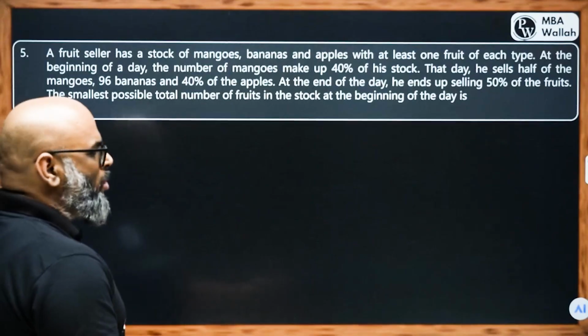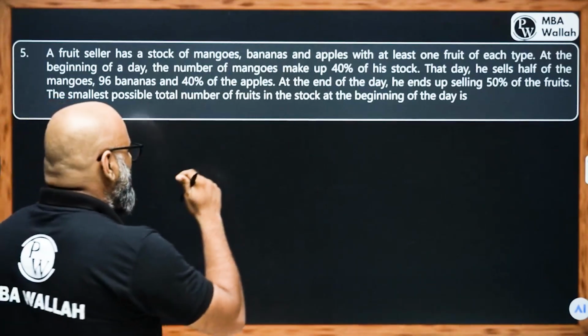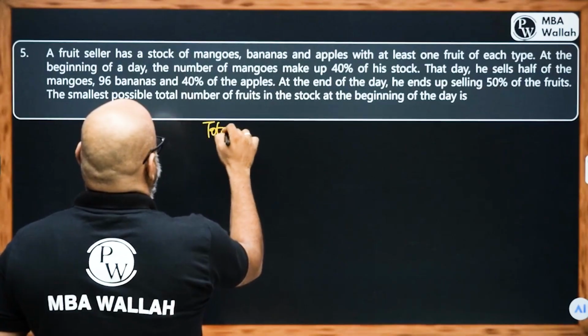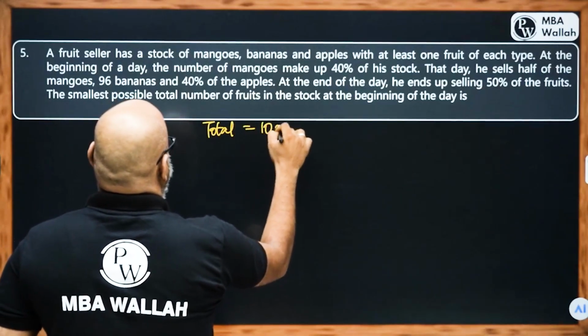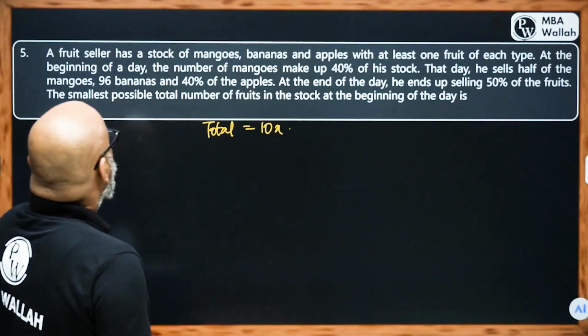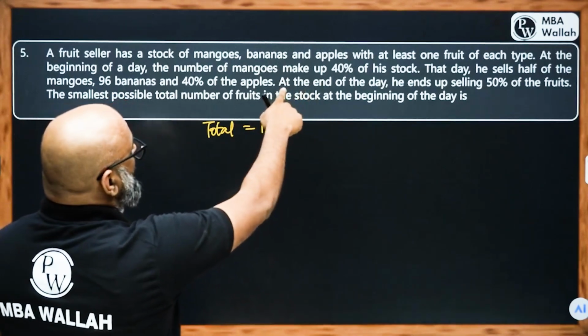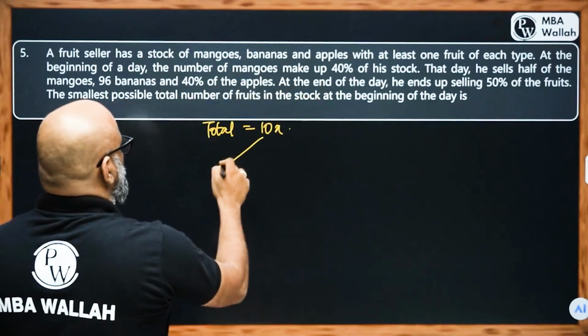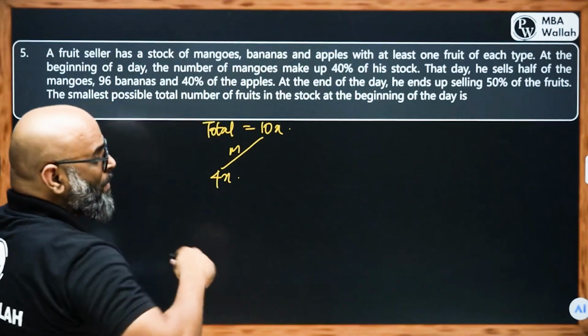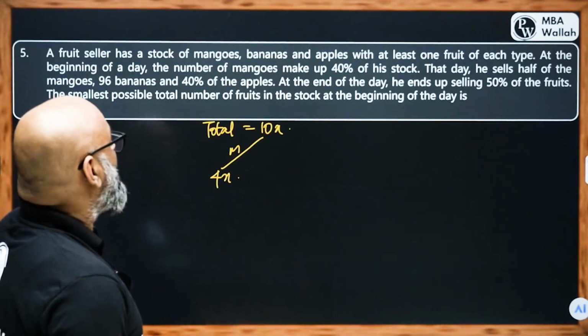I don't know what the total we started with. I want to make it a little convenient. So I'm going to say total is equal to 10x, so that we can avoid a few decimals as much as possible. 40% of the total stock makes up mangoes. So mangoes is 4x. The remaining part is 6x. We'll keep that.